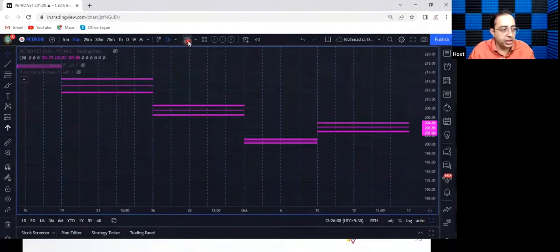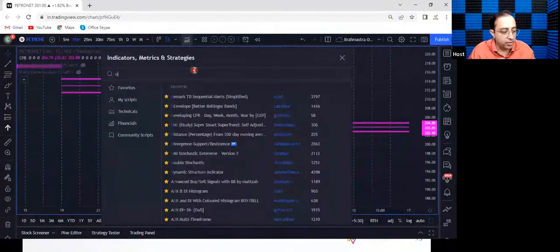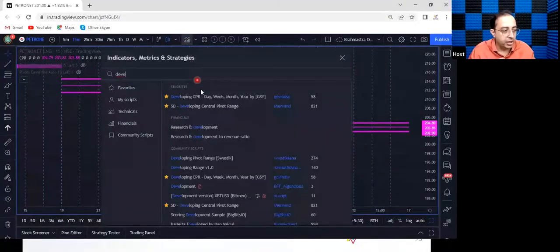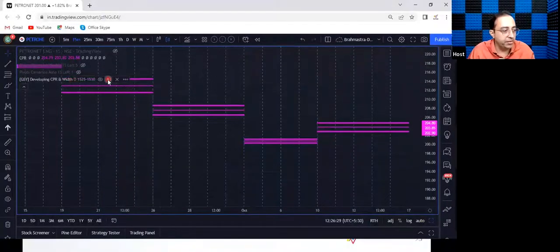So in this, there is an indicator called developing central pivot range. So you can take by GSY, developing CPR, there is something called developing CPR.